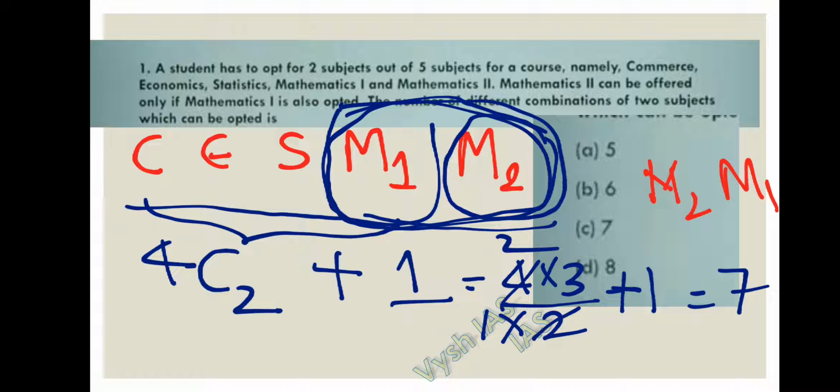So there are 7 different combinations through which you can pick the 2 subjects out of the given 5 subjects, including the condition that mathematics 2 can only be offered if mathematics 1 is chosen. So 7 is the answer for question number 1, that is C.